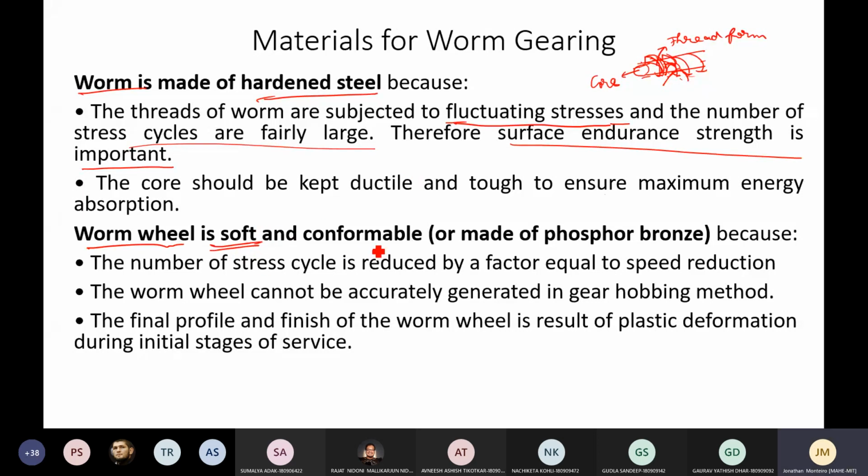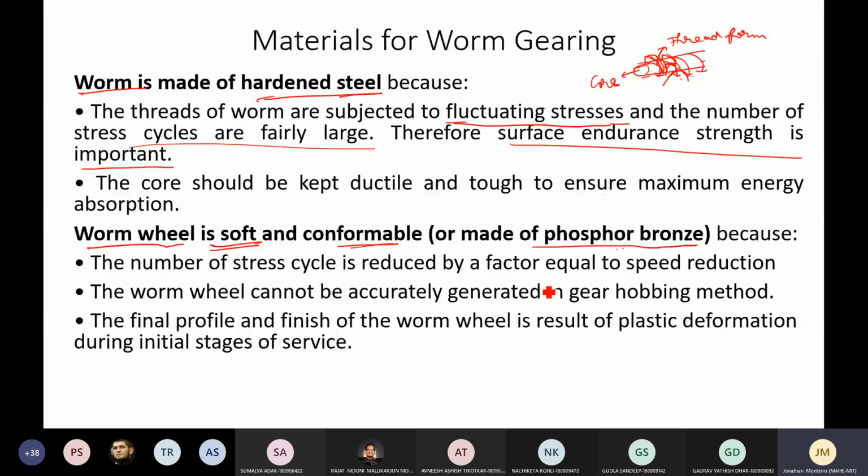Okay, why it is soft and conformable, made from phosphor bronze? First of all, why the difference in material itself? This is hardened steel, tough material. Phosphor bronze is a soft material. Now you would say that, okay, worm is hard, phosphor bronze is soft. So the natural tendency is that phosphor bronze will be subjected to high erosion.